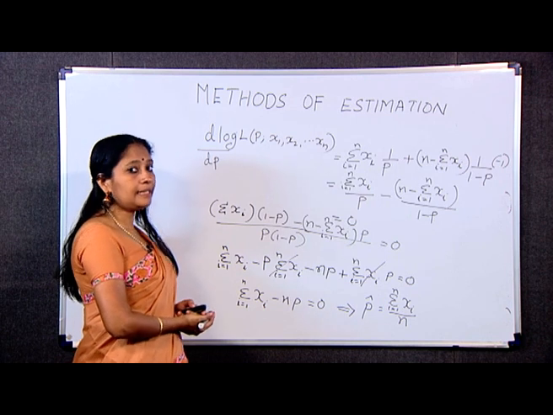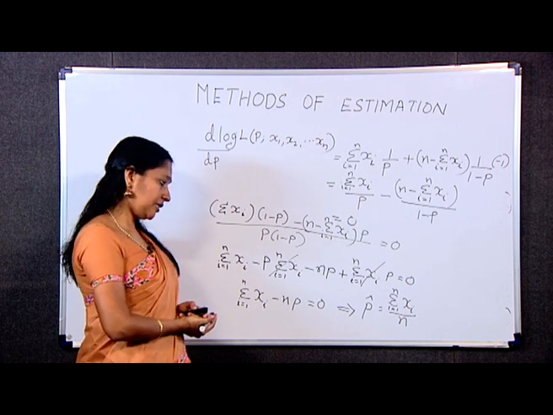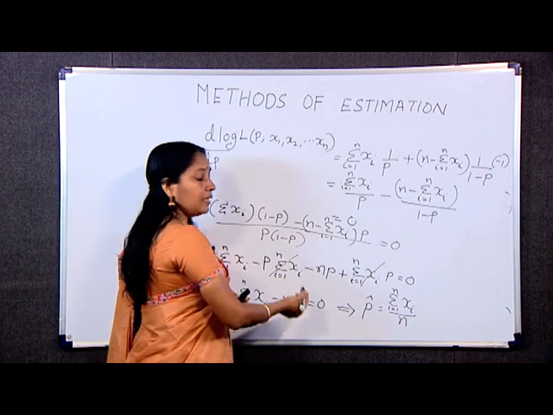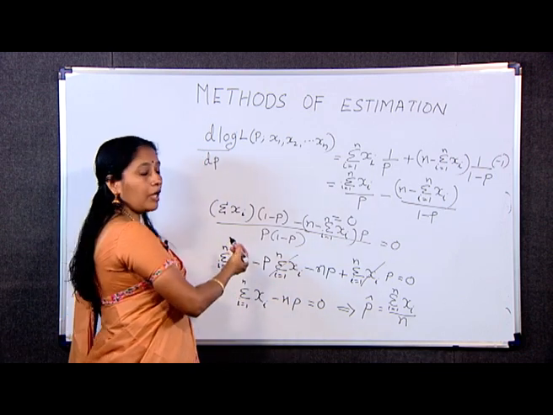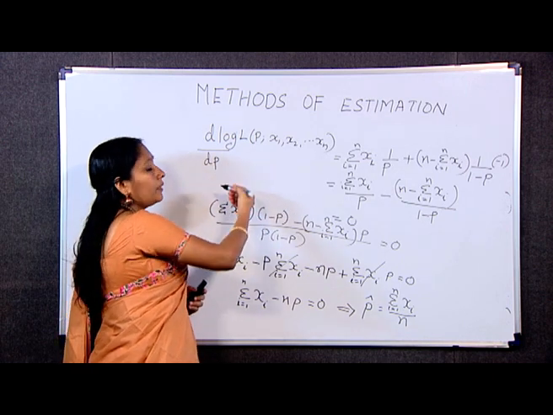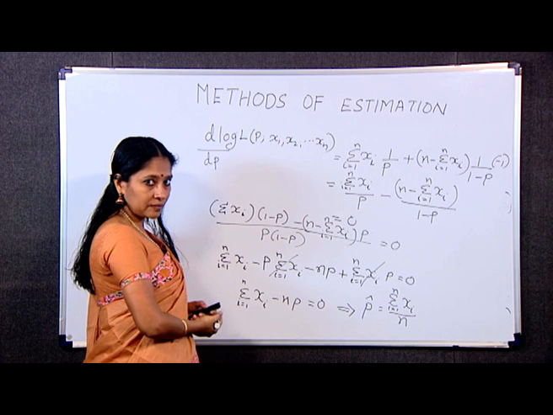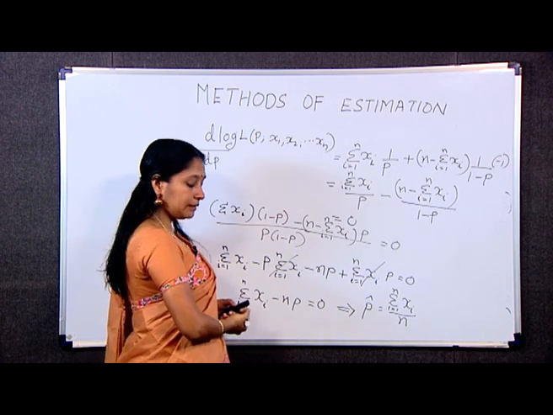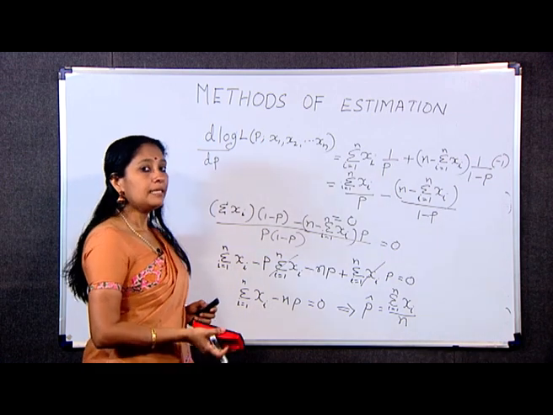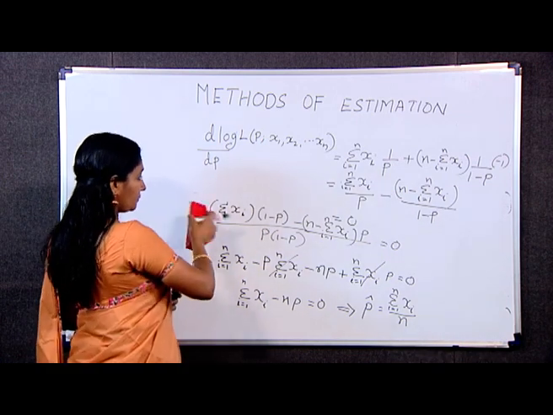Now, we cannot say that it is the maximum likelihood estimator. We got the point at which the maximum or minimum of the log likelihood function or the likelihood function exists. Now, let us check whether the second order derivative is less than 0.